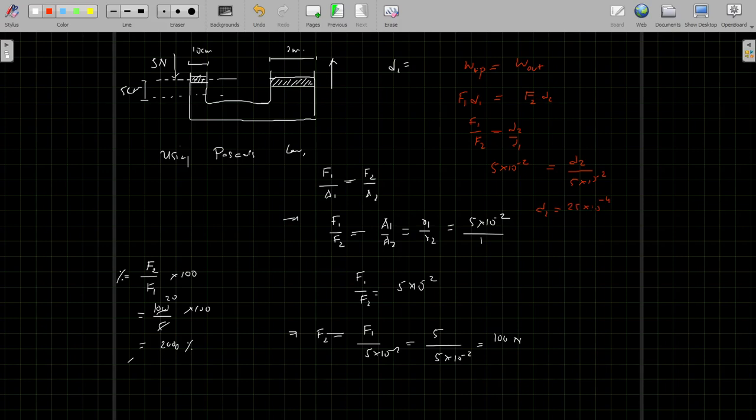Look, 25 into 10 to the power minus 4, how much meter is this? That means 0.0025. D2 is getting displaced by only 0.0025 meters.